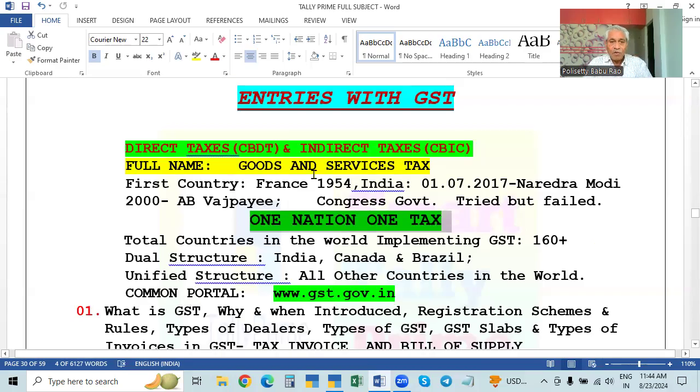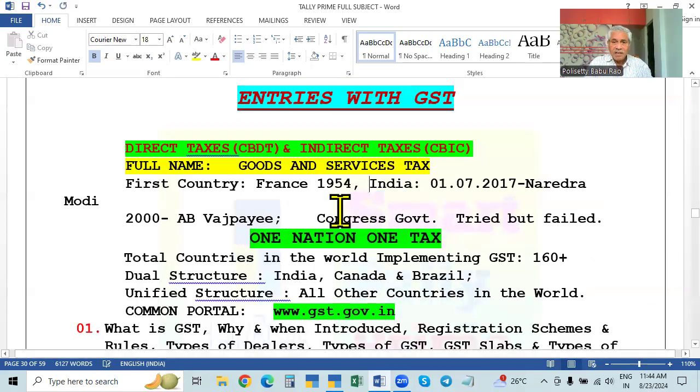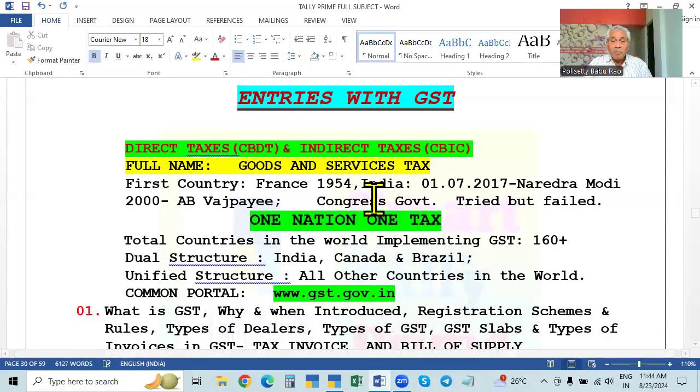And then, when it was introduced in India, this GST had been implemented by many countries. The first country in the world which implemented GST is France. France implemented GST from 1954.